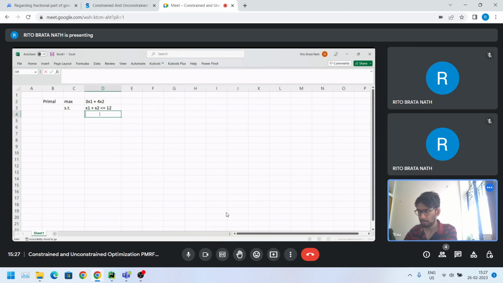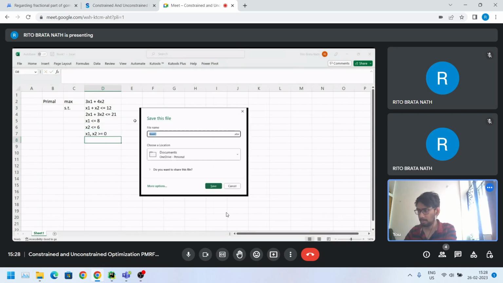Next one is 2x1 plus 3x2 less than or equal to 21. Then x1 less than or equal to 8, x2 less than or equal to 6. Oh, sorry, it was 6. And x1, x2 are greater than or equal to 0. So this is your primal. Let me save it first.